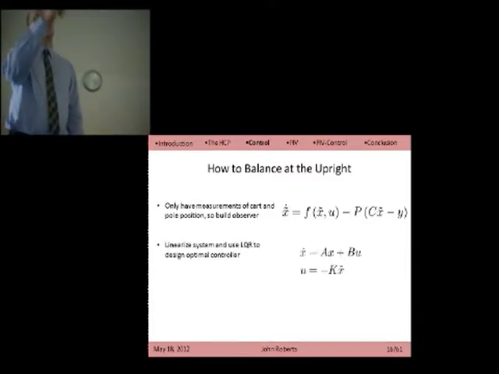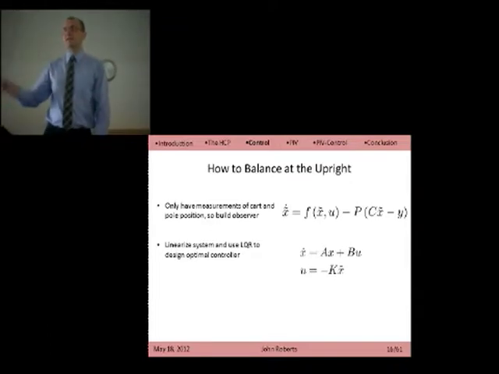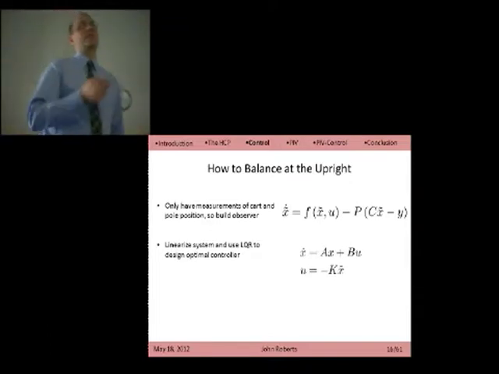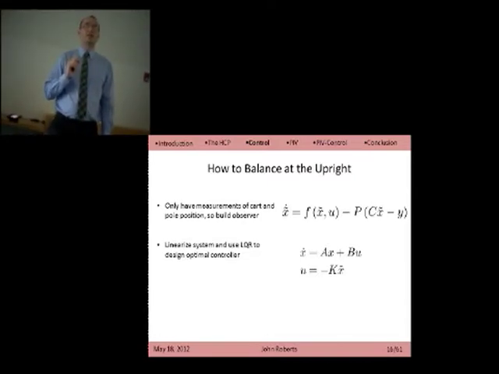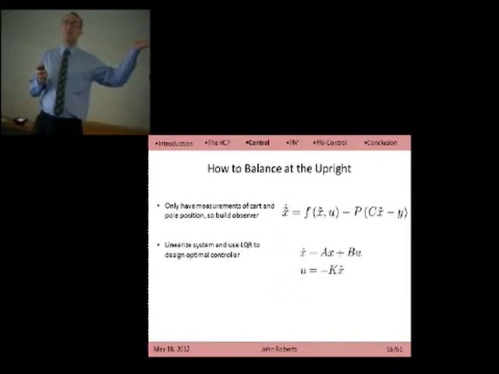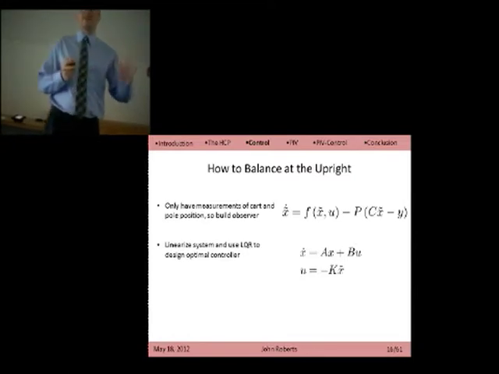Using the nonlinear model and linearizing at the upright configuration, we can get a linear model which is amenable to LQR design. That's a standard optimal control design technique. And we get a PD controller just on the estimated state, and that's enough to balance, as you saw in that previous video. That simple control technique with linearization and the quasi-steady modeling will work in that configuration.